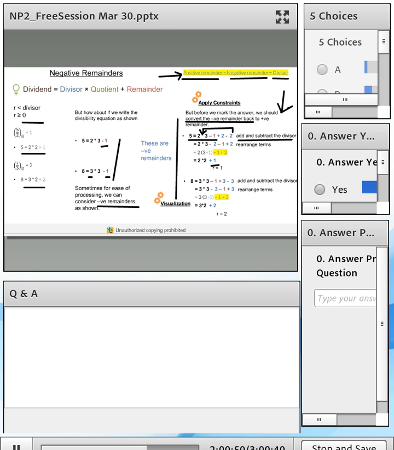If you can express a negative remainder as -1, that's going to simplify your calculations a lot more. Again, if it's not -1, then if you bring it down into a smaller number, processing with smaller numbers is a lot easier than processing with larger numbers.